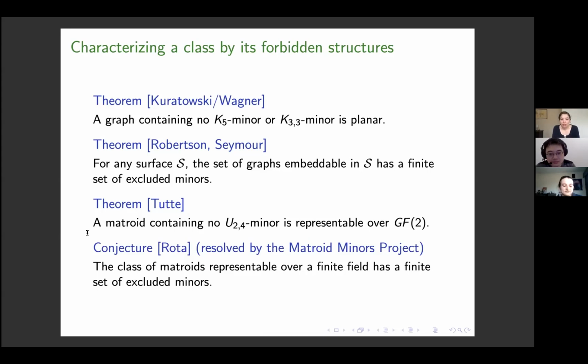You can take any finite field, and it turns out the matroids representable over that field are characterized by a finite set of excluded minors. So I think that's cool. And it's because this conjecture of Rota was resolved by the Matroid Minors Project, which is still being written up by Jim Geelen, Bert Gerards, and Geoff Whittle. So I love talking about these results because they are super cool and powerful and deep.